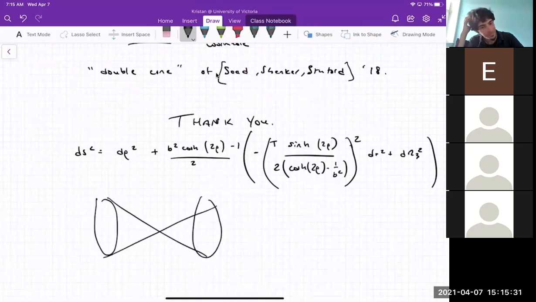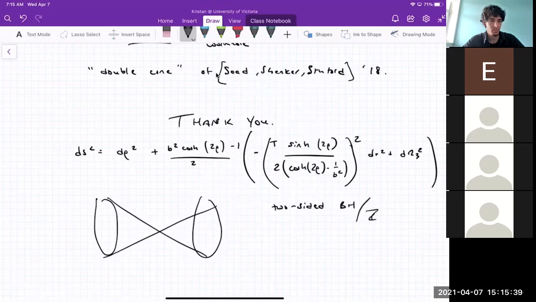And what it is, it's an orbifold of the two-sided black hole in Lorentzian signature, where one orbifolds by translation along time, by Lorentzian time, because here tau is time.